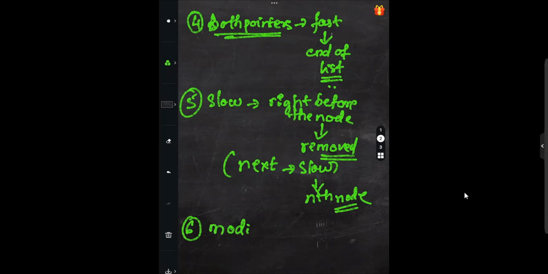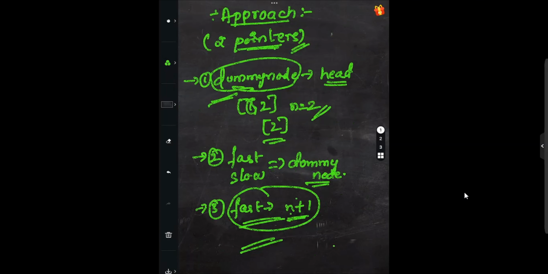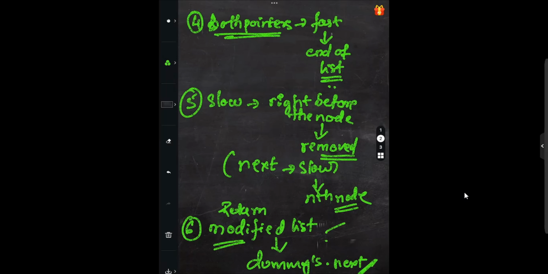So we will return the modified list from dummy.next. These are the six steps that we need to keep in mind. This is the approach that we will be going with. I hope this is clear.